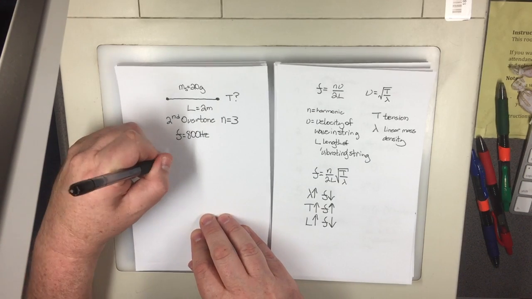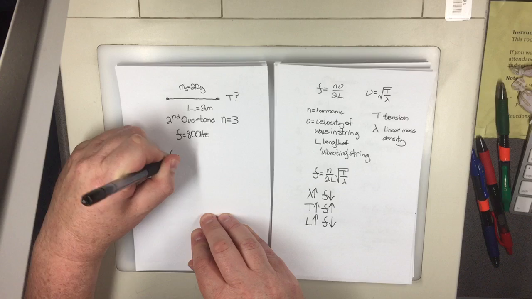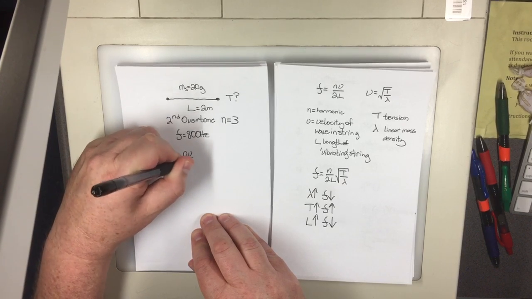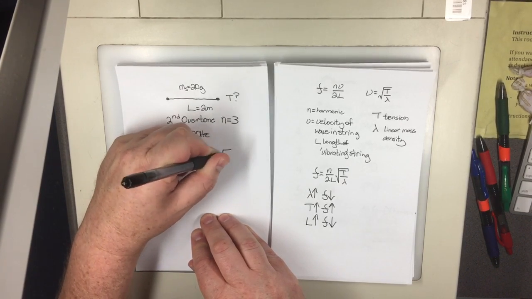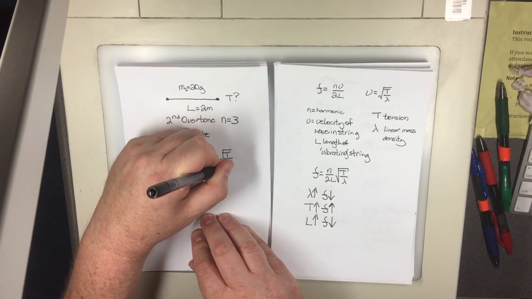And we get this. First, write your frequency. F equals nV over 2L. And V is the square root of tension over lambda.